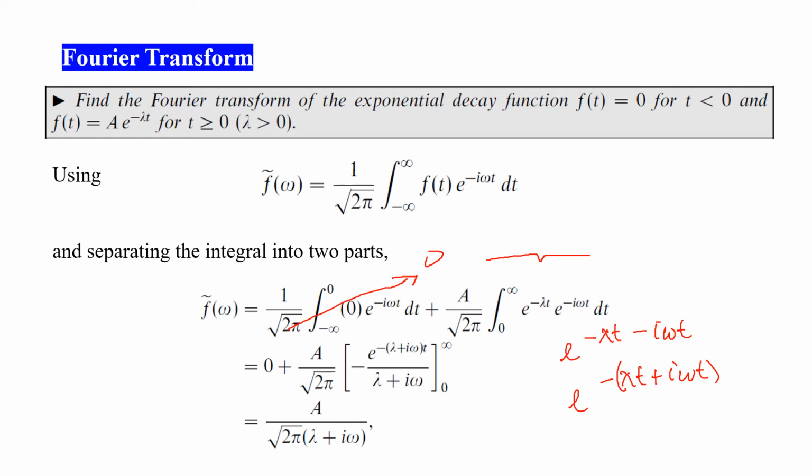You already know how to integrate this one. So the integral of this function is a over the square root of 2 pi times negative e^(-(lambda + i omega) t) over (lambda + i omega).